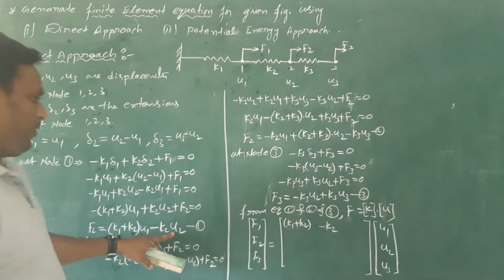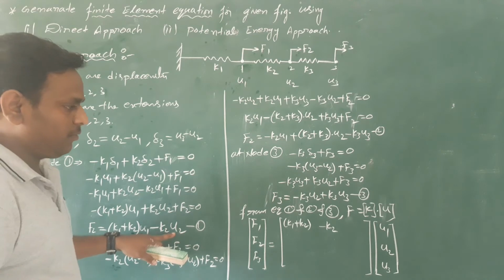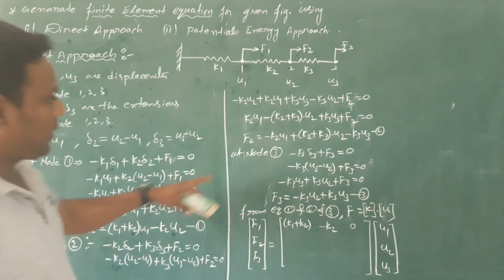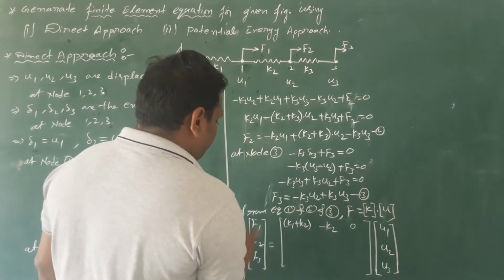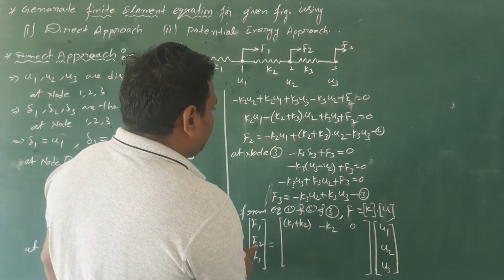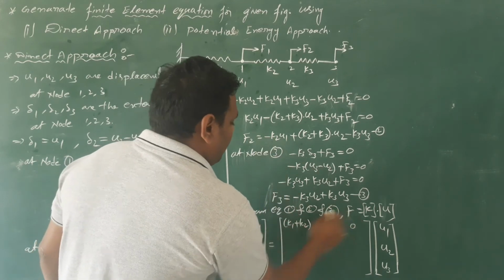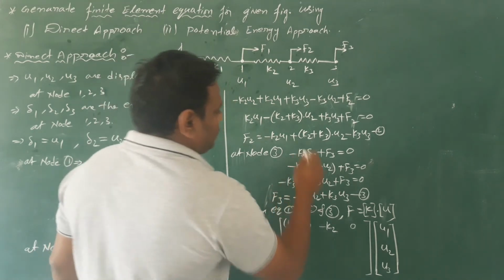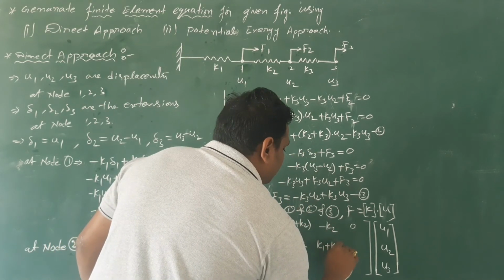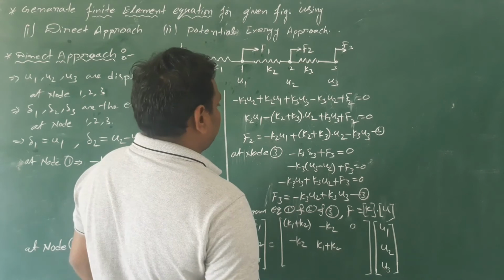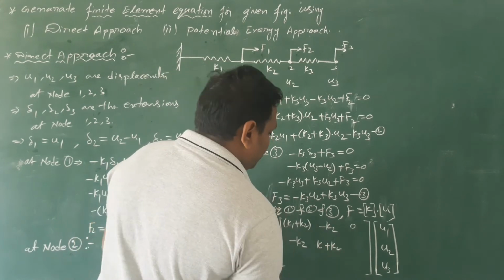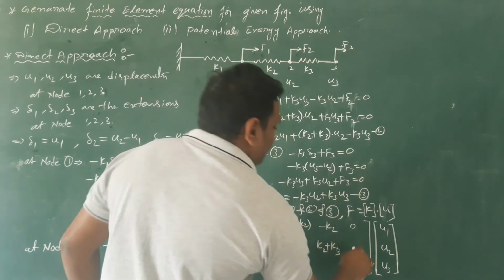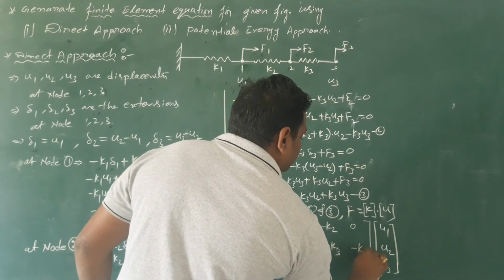Here there is no K3 value, that's why for the U3 value I write 0. Next, the second equation, F2, which I have already written. The U1 value is minus K2, the U2 value is K2 plus K3, and finally minus K3.